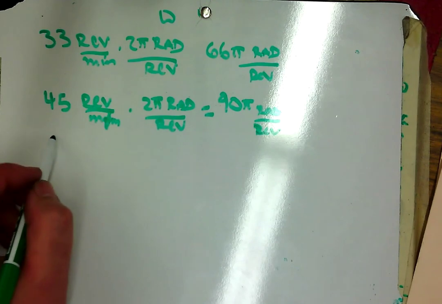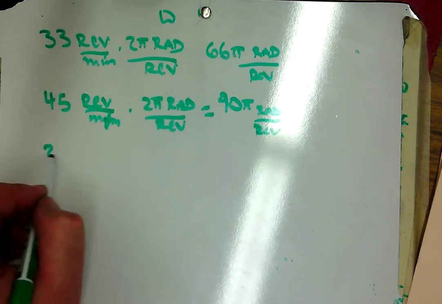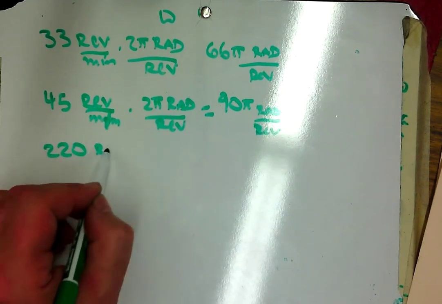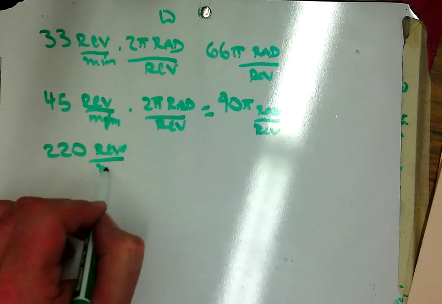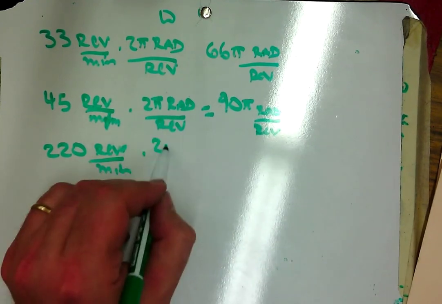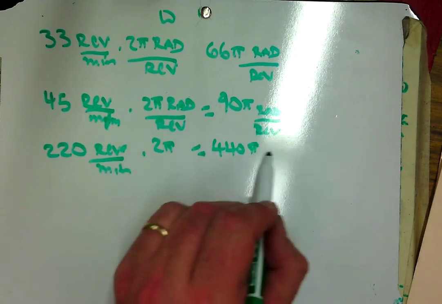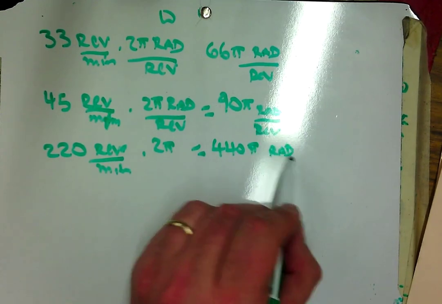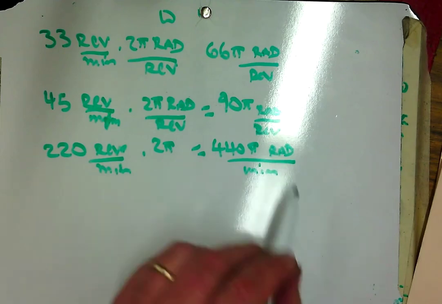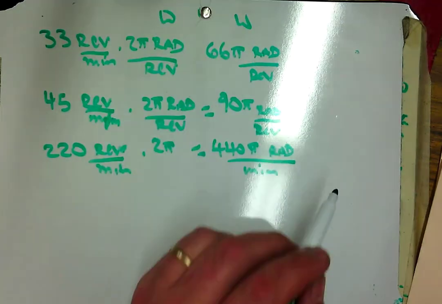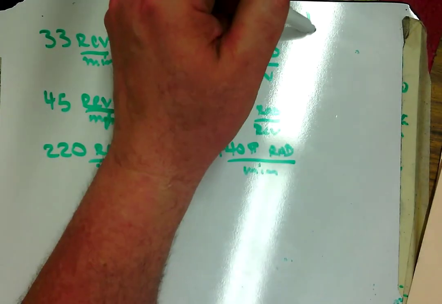And CDs, if you remember those, 220 revolutions per minute times 2 pi, or a whopping 440 pi radians per minute. So these are the angular velocities, but we also need to provide linear velocities.